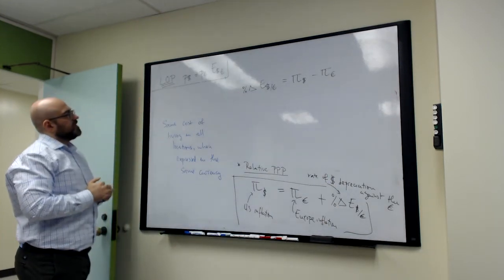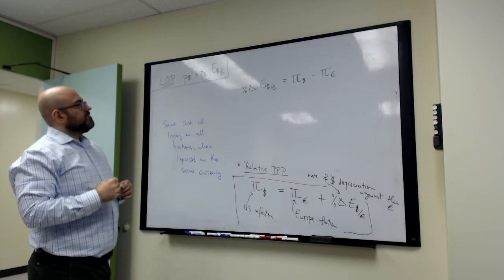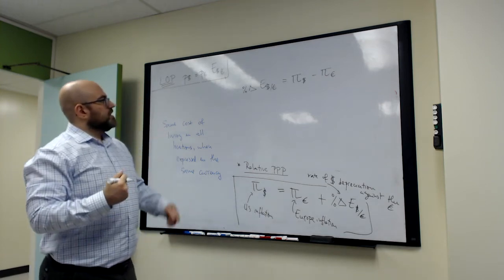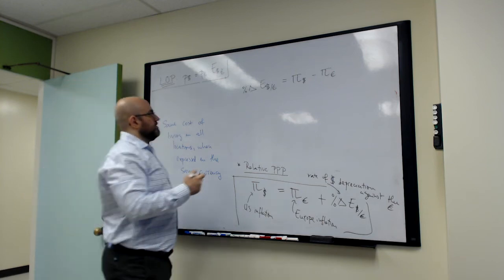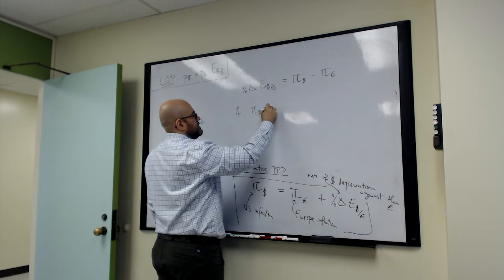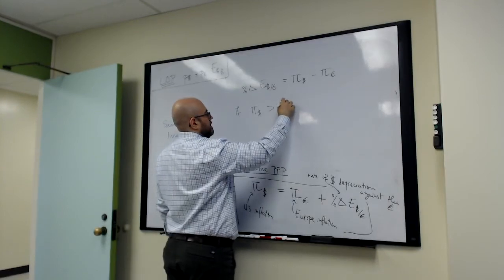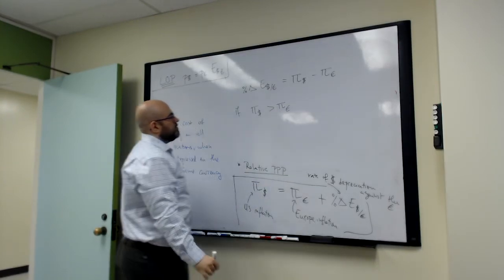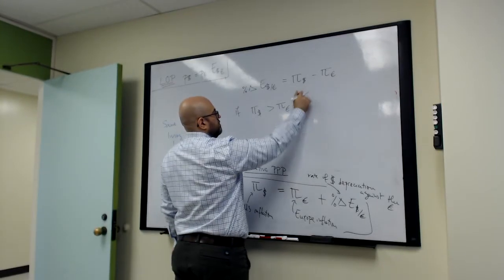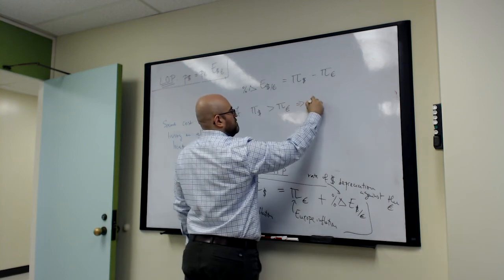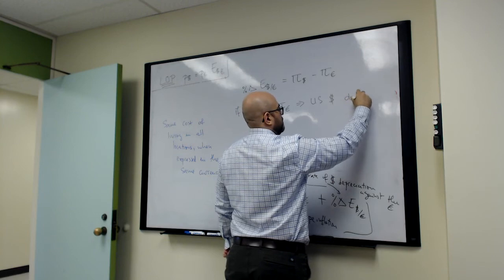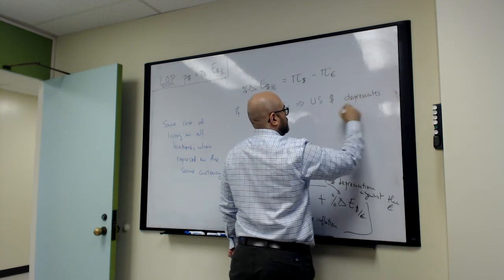And what I find is that if inflation is higher in the US than in Europe on average, if dollar inflation in the US is greater than the inflation rate in Europe for the euro, then the right hand side is positive, and so that means that the US dollar depreciates over time.